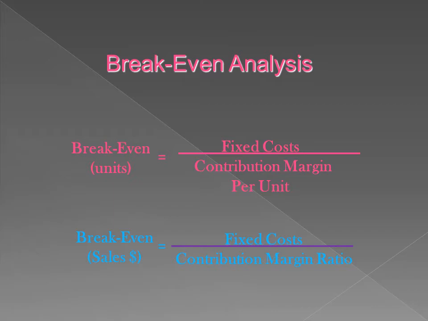But simply, it's the fixed cost over your contribution margin per unit, which will give you your break-even number in units. That's the number of units that I need in order to get to that place of 0. Break-even in sales dollars is my total fixed cost over my contribution margin ratio. So what number do I need to achieve in dollars in order to break even?